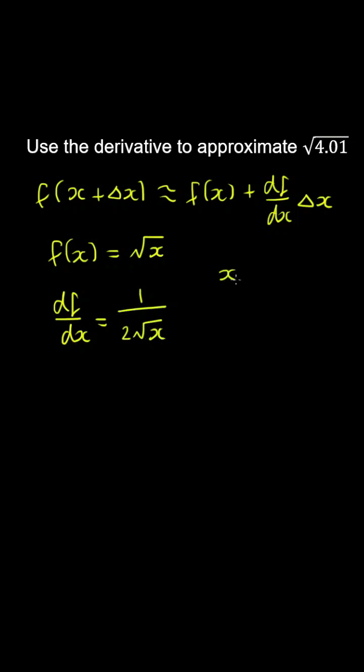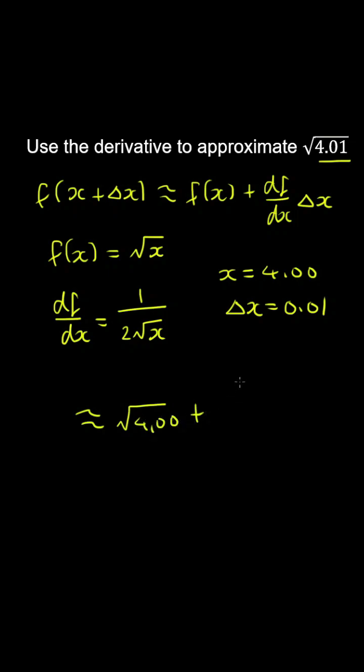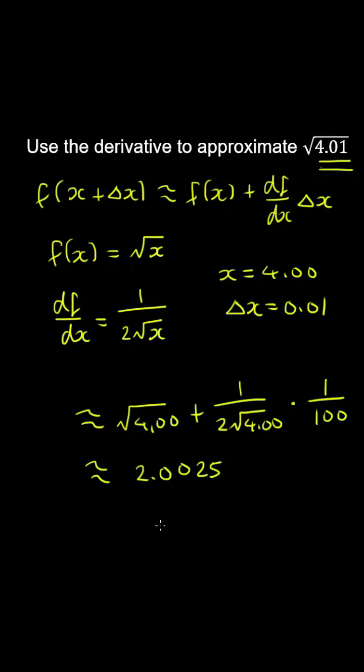If we choose x equal to 4.00 and delta x equal to 0.01, then our approximation becomes the square root of 4.00 plus 1 over 2 root 4, multiplied by 0.01, or 1 in 100. That gives us an approximation of 2.0025, and if you evaluate this in your calculator, you'll get a very close result.